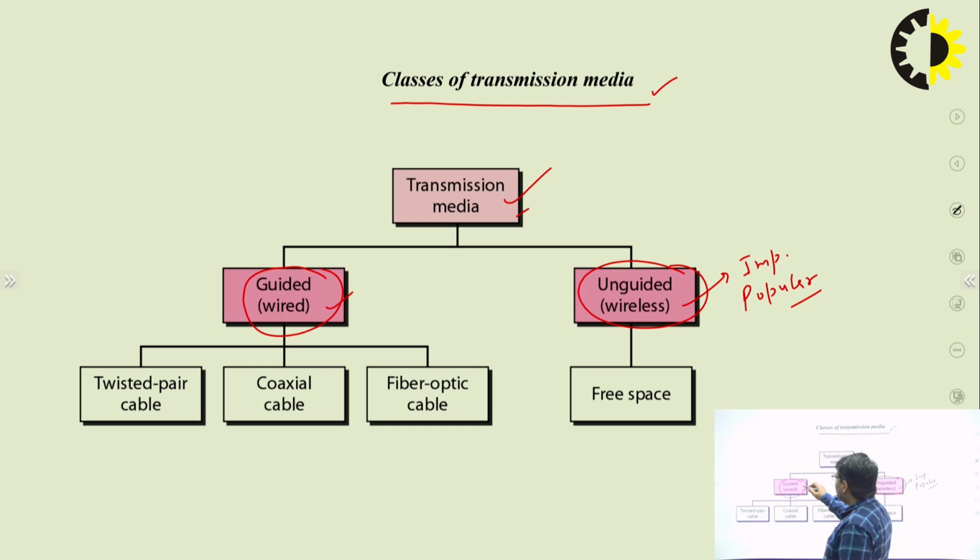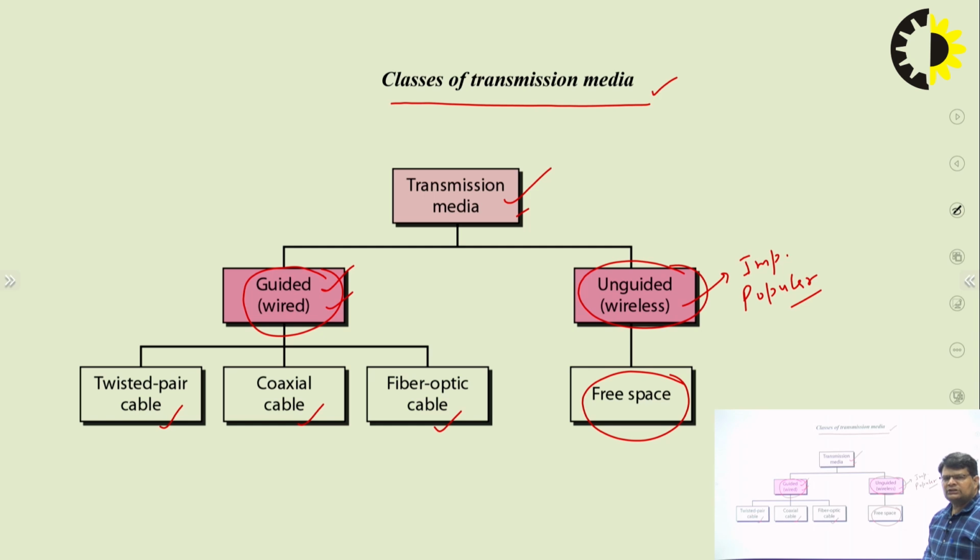So examples of guided or wired transmission media can be twisted pair cable, coaxial cable and optical fiber cable. Another example of wireless transmission media can be free space.